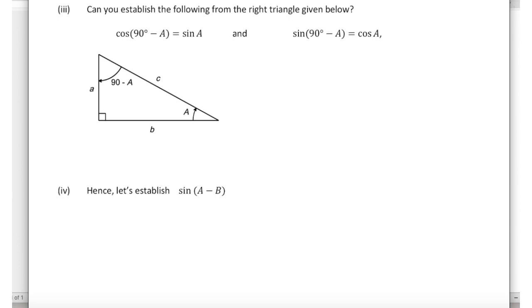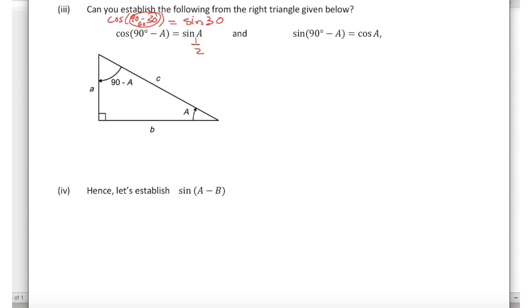So if you think back to some of our exact values, for example, if I said to you sine 30, and that's equaling a half, that should be equal to cos of 90 take angle A, 30, which is in fact cos 60. Yes, cos 60 is a half. So let's make sure we can establish that using the right angle that we have here.